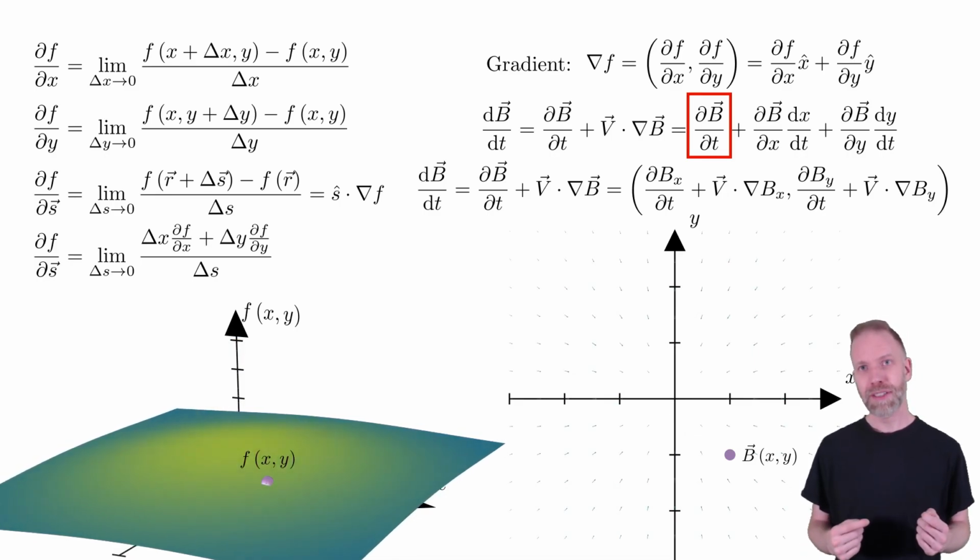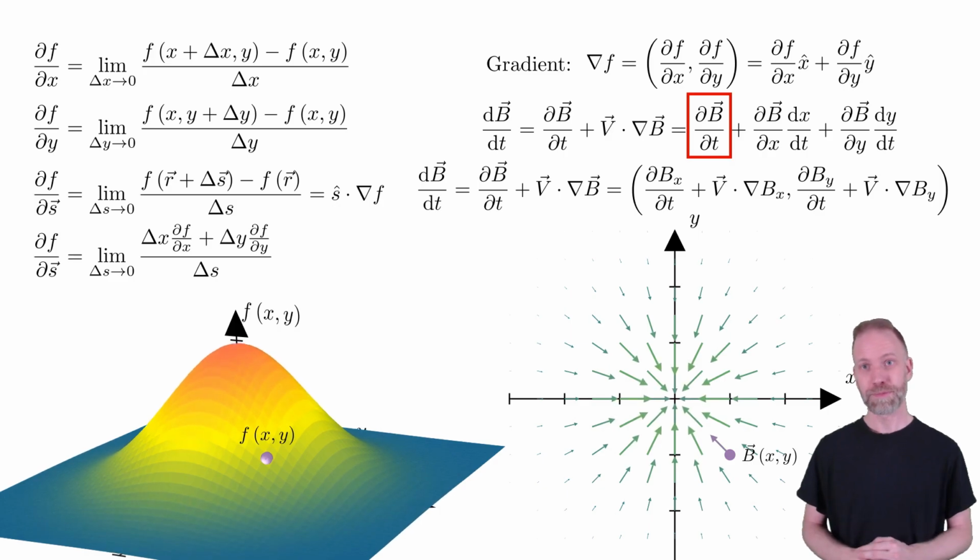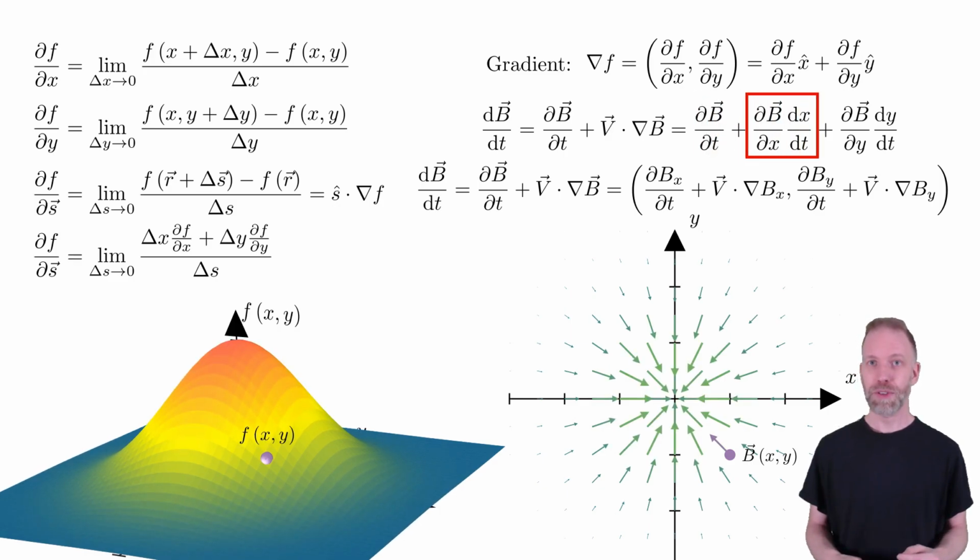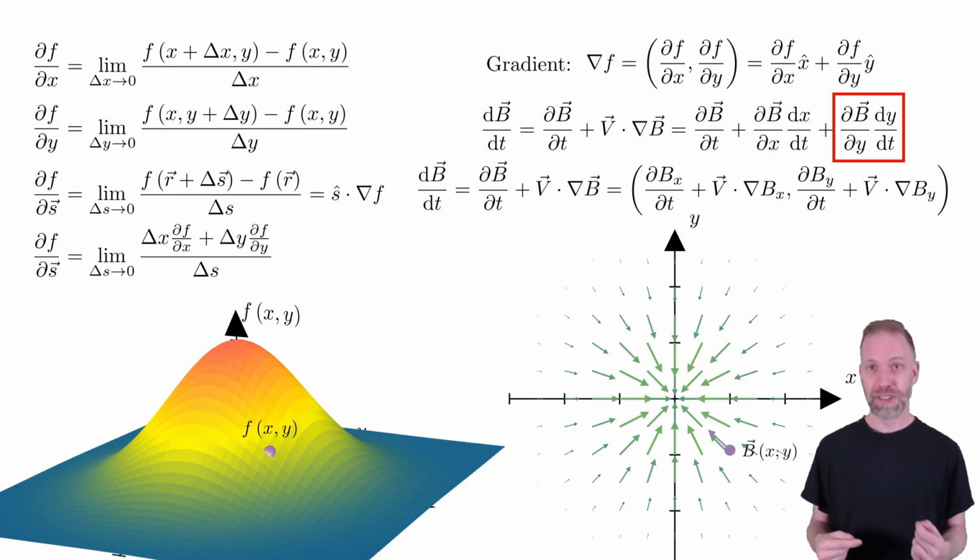As B is a vector, our time derivative is also a vector. If we move to our x derivative term, this means that we would be changing our position in the x direction. This will cause changes in the direction and magnitude of the vector at our position. Finally, the y derivative term means that we are moving in the y direction.